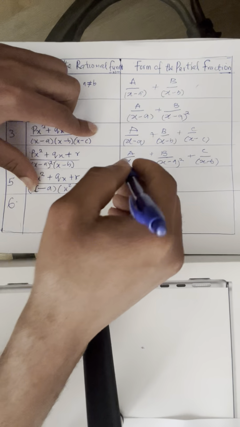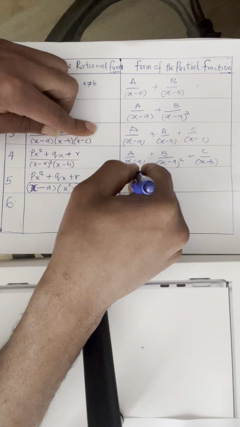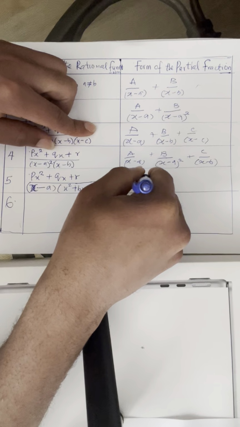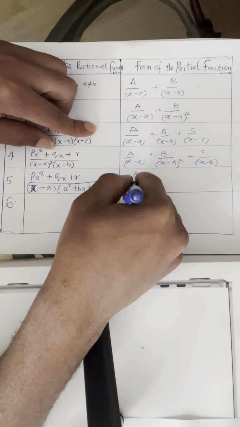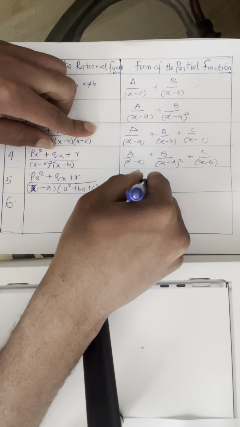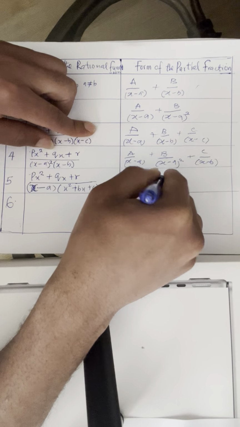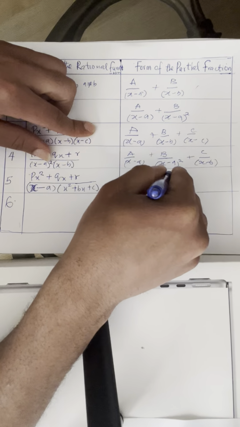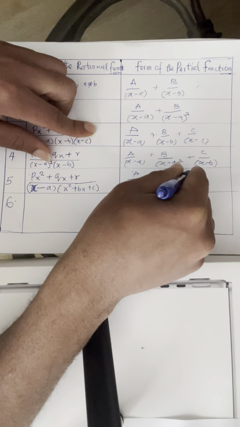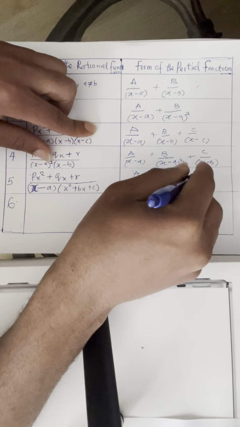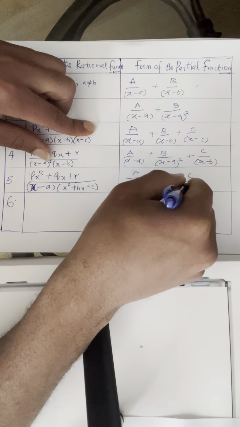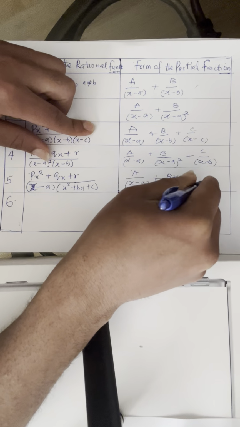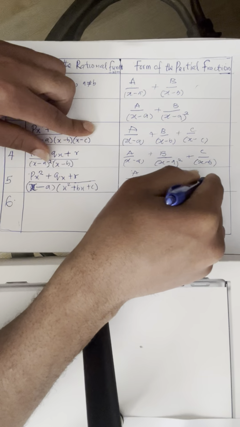So we express the partial fraction as a over x minus a plus bx plus c over ax squared plus bx plus c.